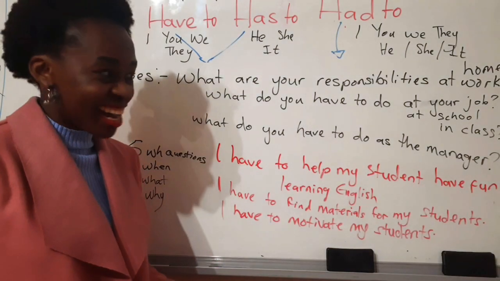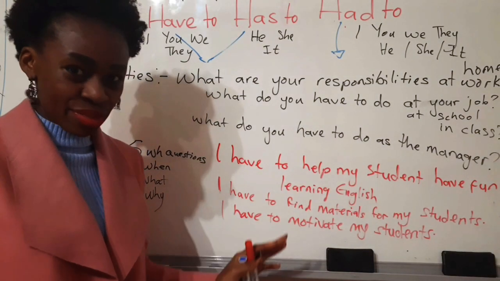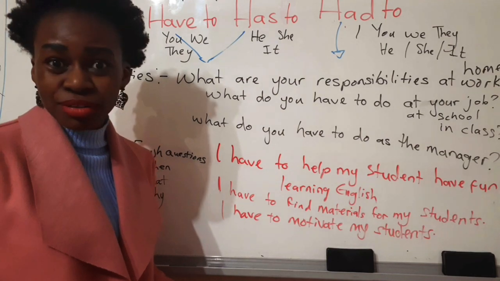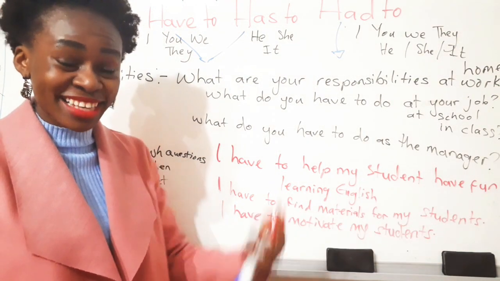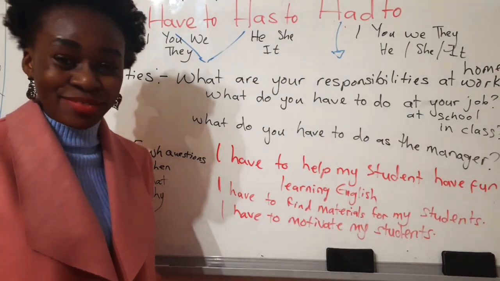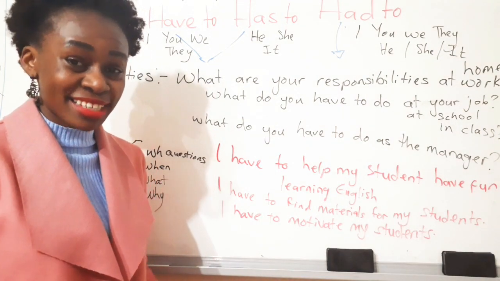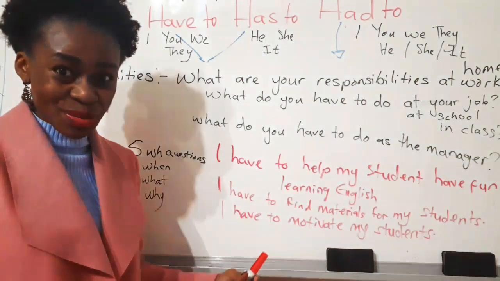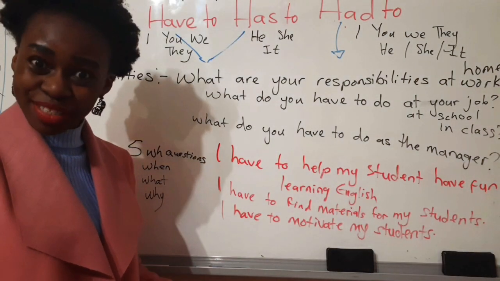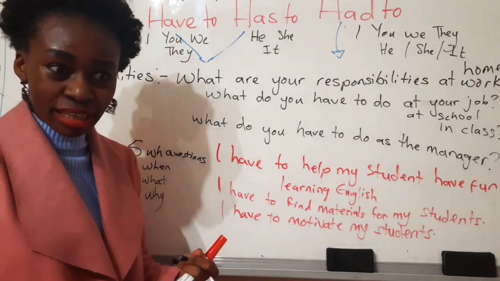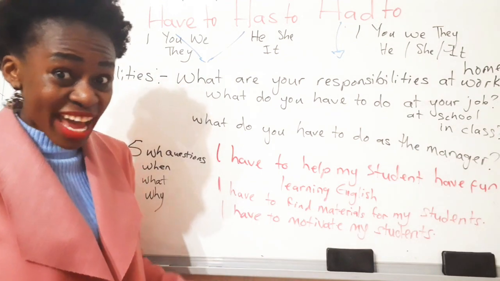You may say, I don't have to do anything at home because my mom does everything. Or I don't have to do anything because someone comes to our house and helps us do everything. For example, cooking, cleaning, so we don't have to do anything.